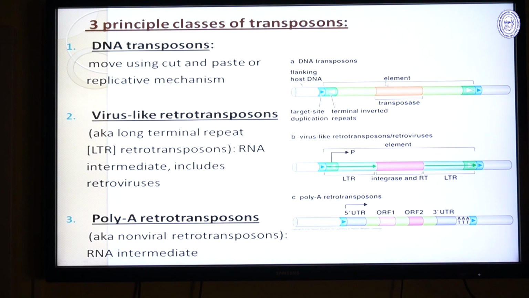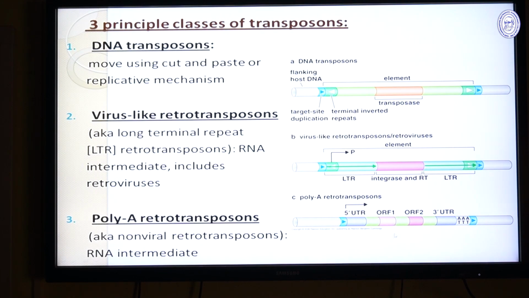So in place of the transposase, the viral-like retrotransposons carry integrase and reverse transcriptase. Okay, and then we have the LTRs, and you again have the target site duplications.